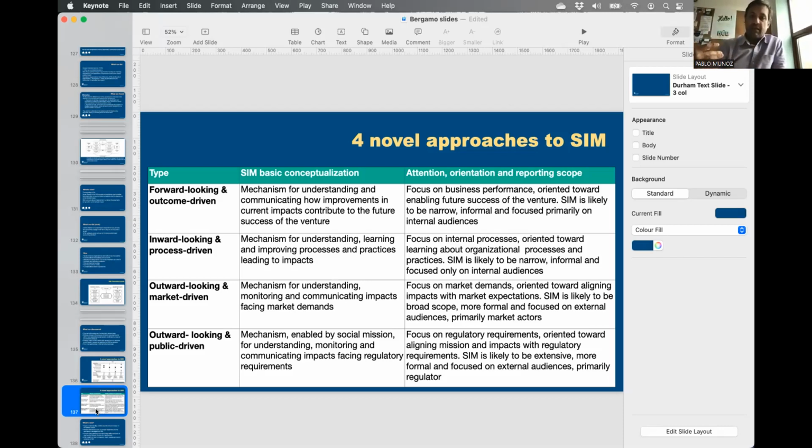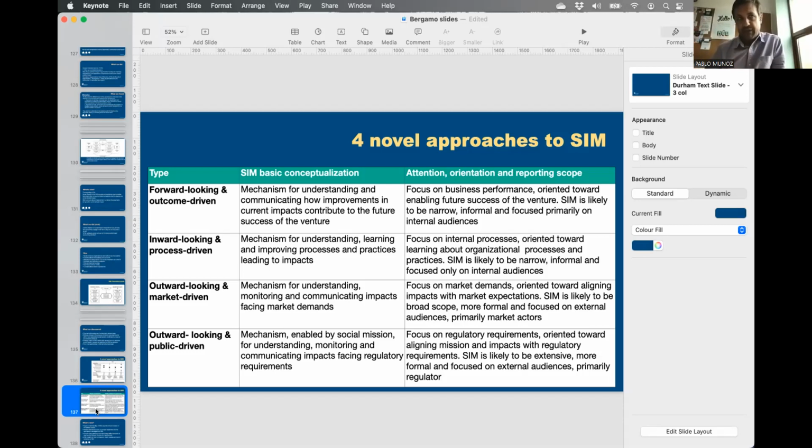That means if you want to conceptualize social impact measurement internally as a social enterprise, you go and focus on future success and see how improvements in impact can contribute to the success of the venture. If you're going to do that, you need to pay attention to business performance, and the performance today linked to the future success of the business.